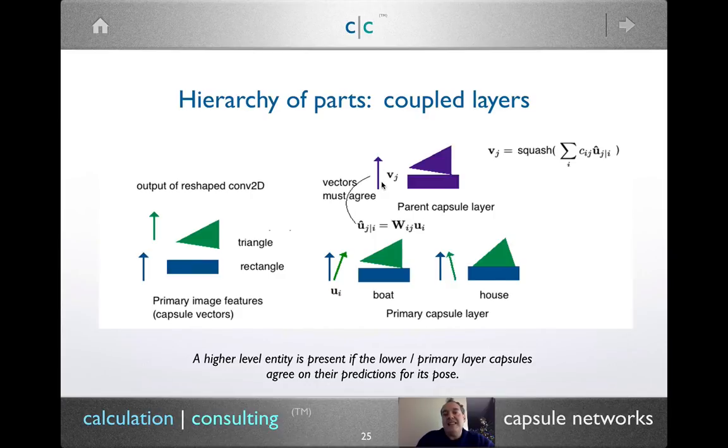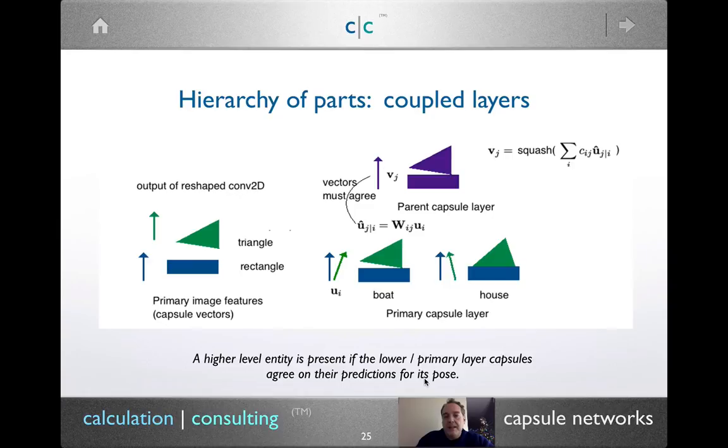The idea is that the vector in the parent has to somehow match the vector in the primary capsule. As the primary capsule is guessing these different poses, the parent says, yes, okay, I agree with you. It gives feedback, and it prunes out the bad poses.